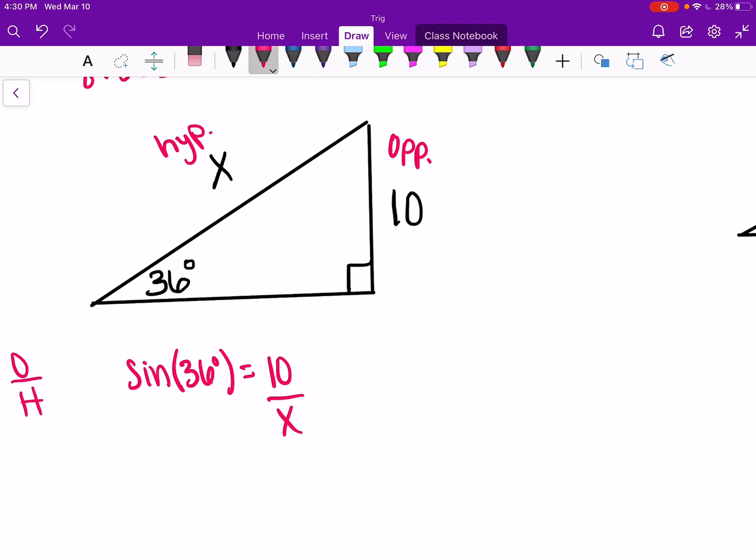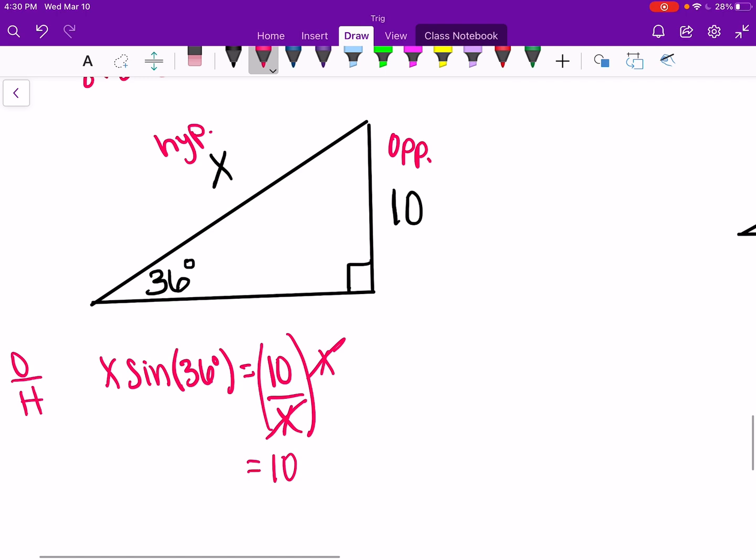Now I have an x in the denominator. To solve for x, I need to take it out of the denominator. I'm going to do this by multiplying by x on this side and x on this side. So the x is on the right, since we have an x on the top and an x on the bottom, they cancel. So I'm left with a 10 on the right side. On the left, I am left with x times the sine of 36 degrees.